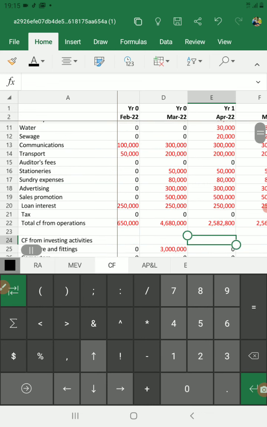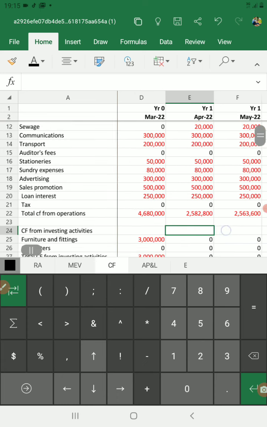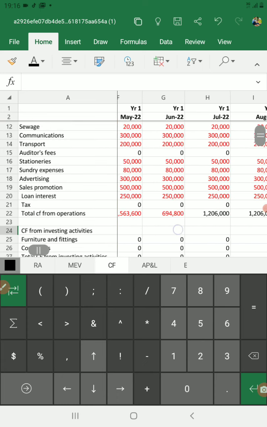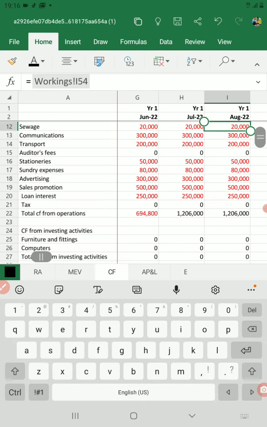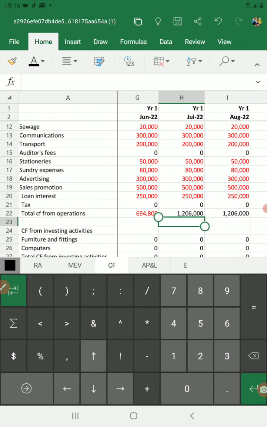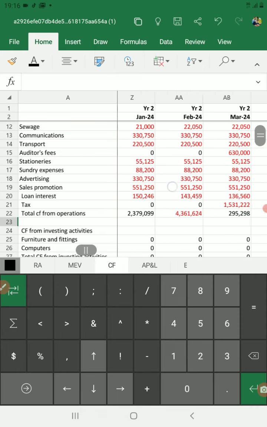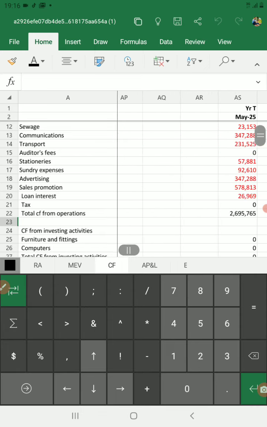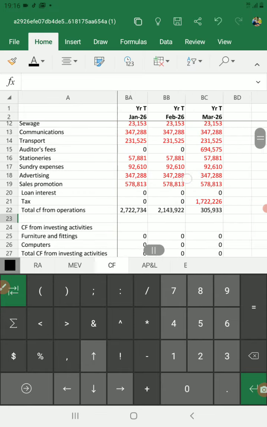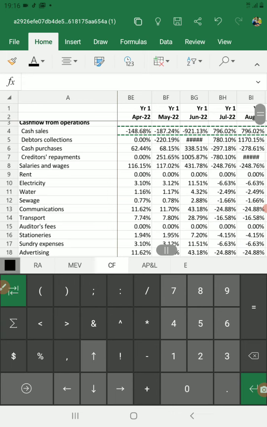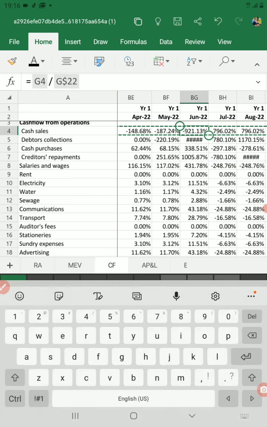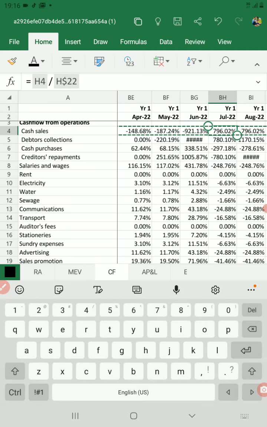And because we have negative total cash flow from operations for April, May, and June, we start to have a positive figure in July, you can see, okay? So if we go to our analysis here, we will also see that our percentages are negative up to June, and they started to be positive in July, because total cash flow from operations started to be positive in July.